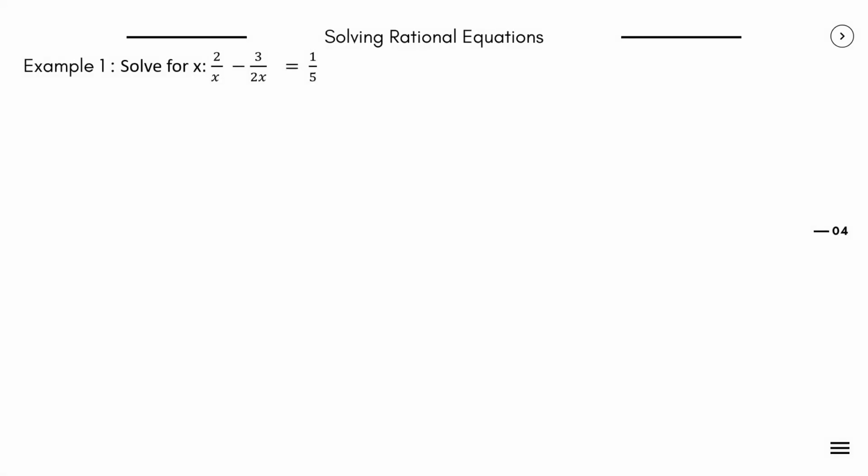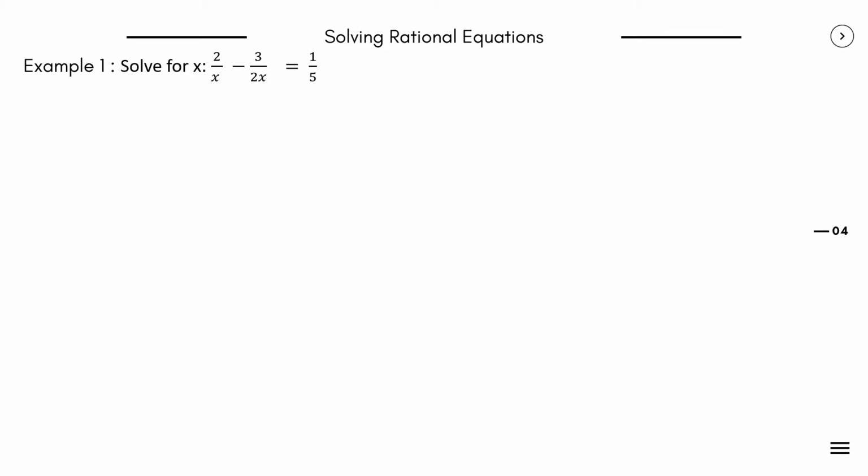We have here an equation that we're going to solve, the same as what we have before. Kanina dun sa una. Okay, so here, we're going to solve for x, which is 2 over x minus 3 over 2x is equal to 1/5. So, ipoprove natin yung equality kung tama nga siya.